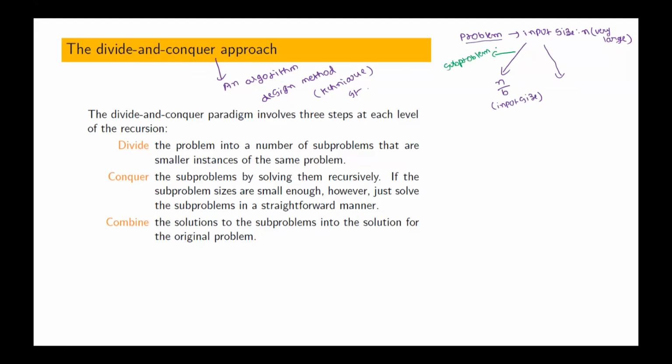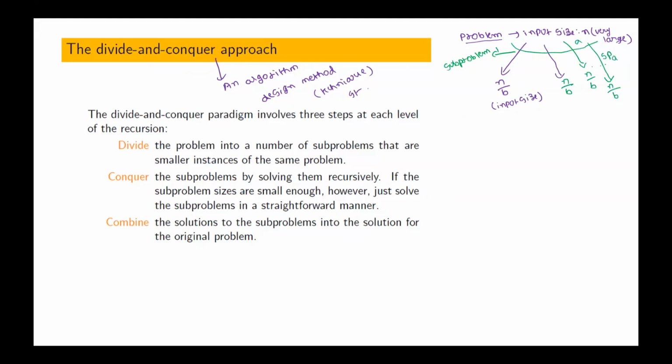This is subproblem 1, this is subproblem 2, also of size n by b. Next, subproblem 3, also of size n by b. Like that we have divided it into a number of subproblems. How many? A number of subproblems: subproblem A.